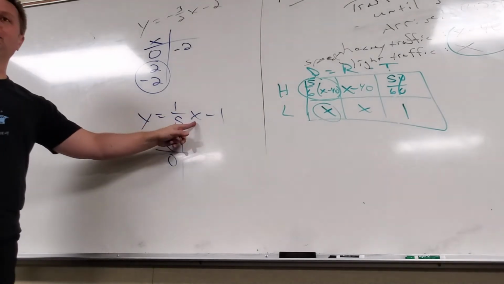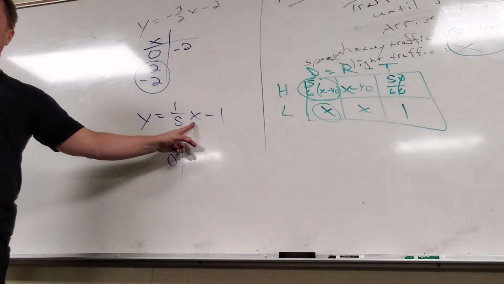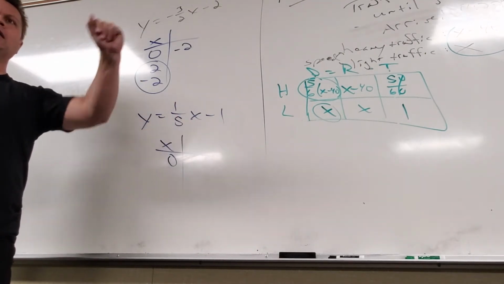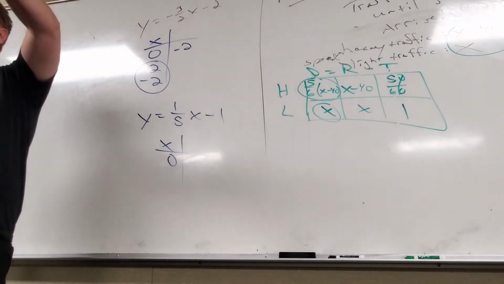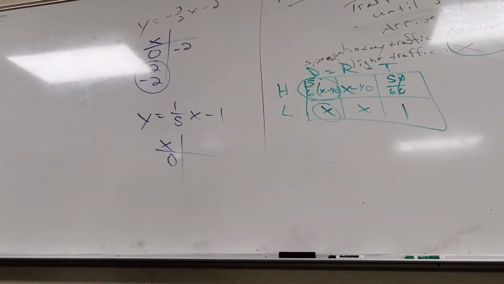I'm not going to put 3 in there. You guys see that? We can choose. Why can we choose? Because how many points does any line go through? An infinite number, and I only need a few of those. So I can get any of those I want to be able to graph a line.